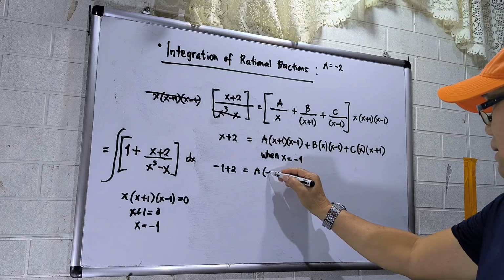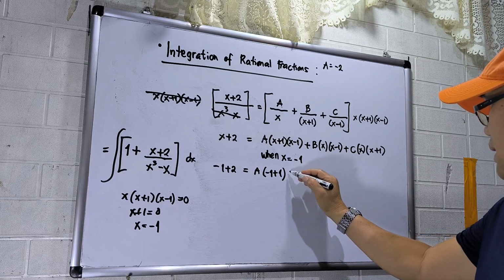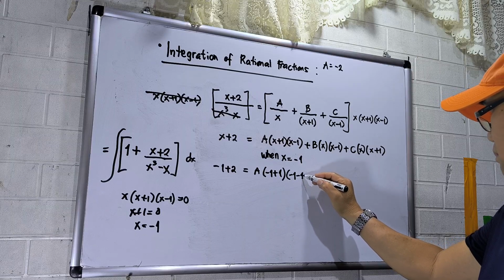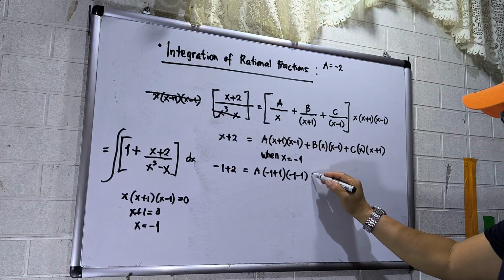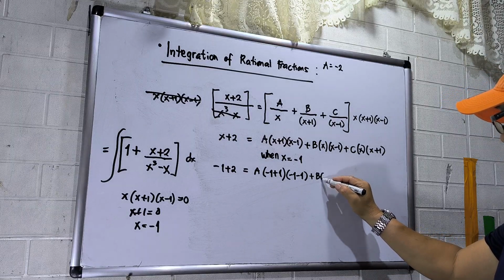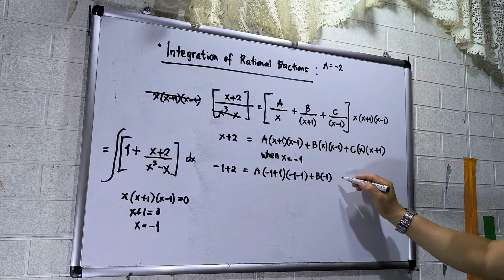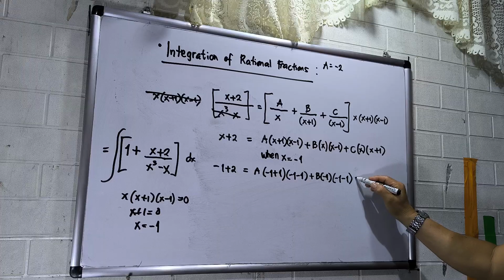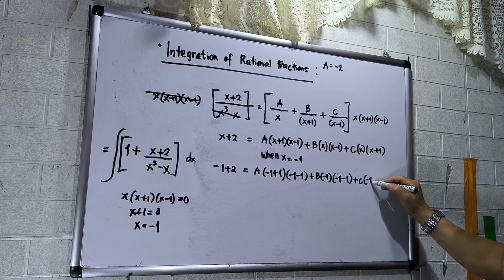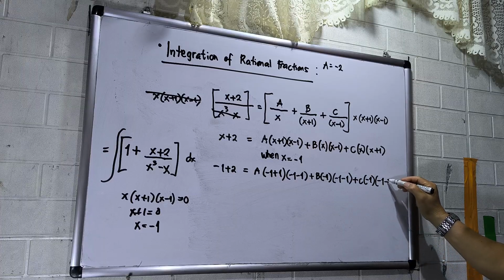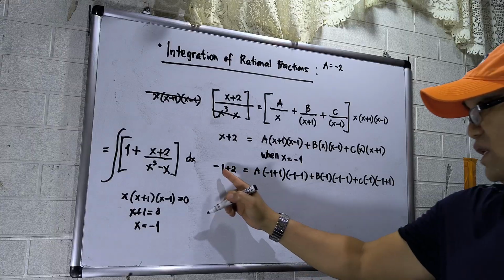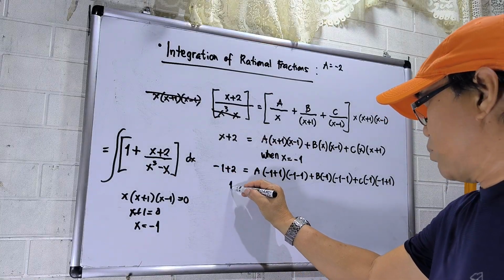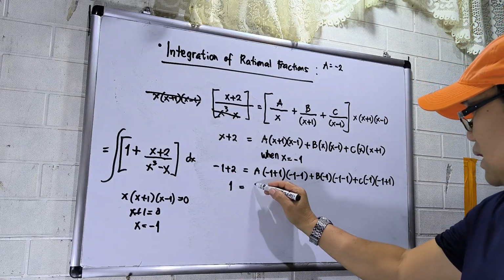Circle brackets, negative 1 plus 1, negative 1 minus 1, then plus b times negative 1, circle brackets, negative 1 minus 1, then plus c, negative 1 plus 1. Okay? So negative 1 plus 2, that is positive 1, is equal to a.